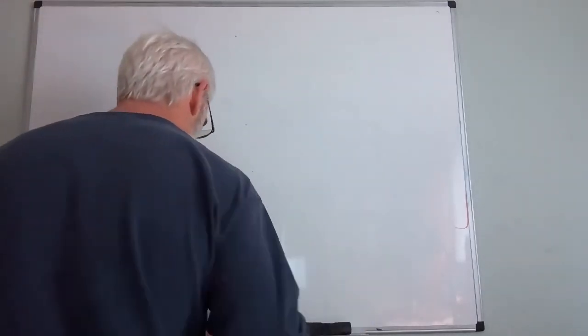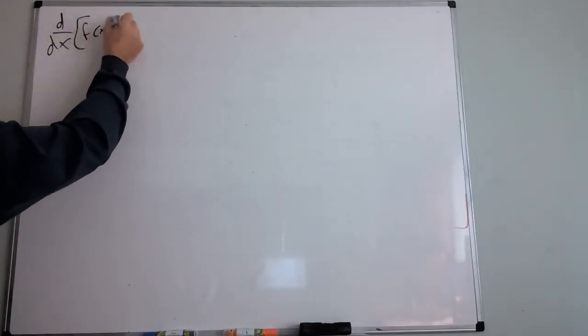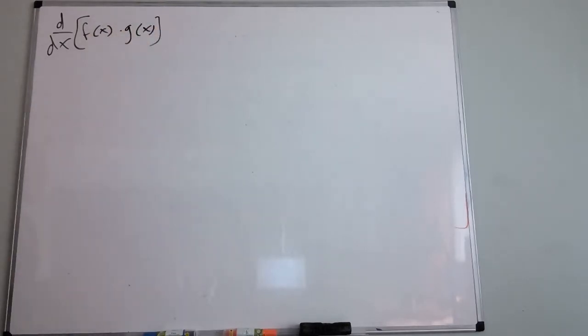So here's what we're going to do. We're going to derive the derivative of f of x times g of x. We're going to derive this using the limit because there's no other way to get the answer.